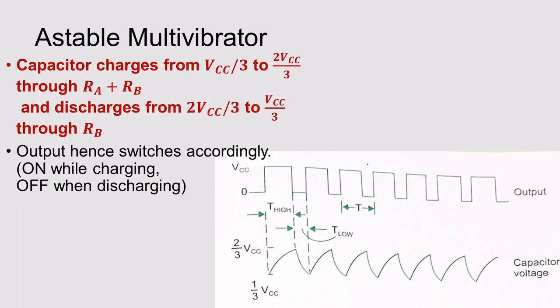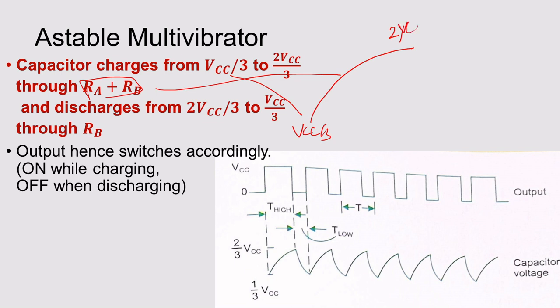So here we will go for the derivation, very important. The capacitor charges from VCC by 3 to 2 by 3 VCC through RA plus RB, and discharges from 2 by 3 VCC to VCC by 3 through RB. So that's what I explained, right? The charging is from VCC by 3 to 2 VCC by 3.